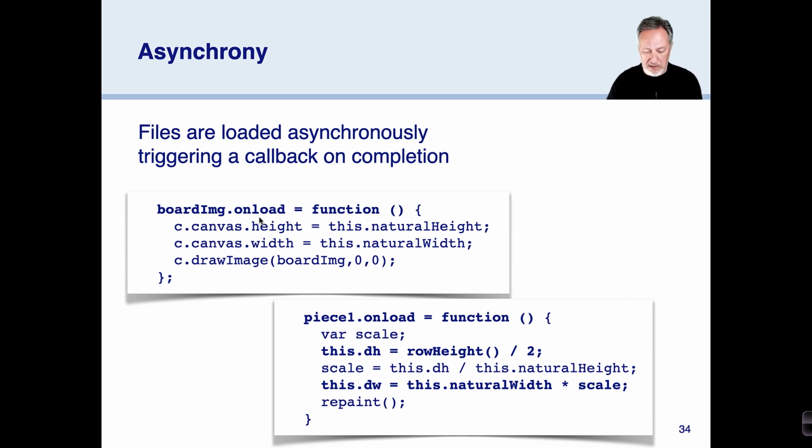So this is the onload function. We define for an image or for a piece an onload function which will be invoked once the files have completed loading. So when we've loaded the image representing one of the pieces that move on the board, for example, then we'll compute its size and shape so that we know how to properly display it.